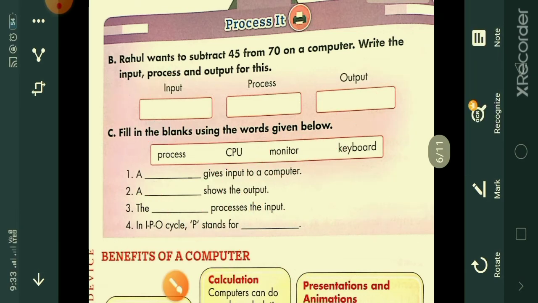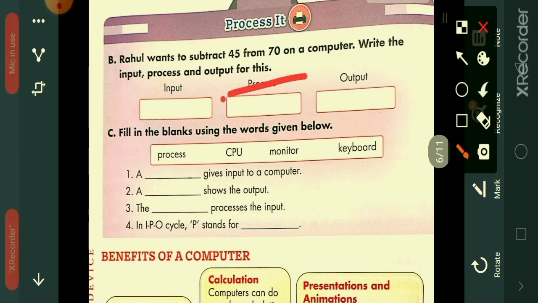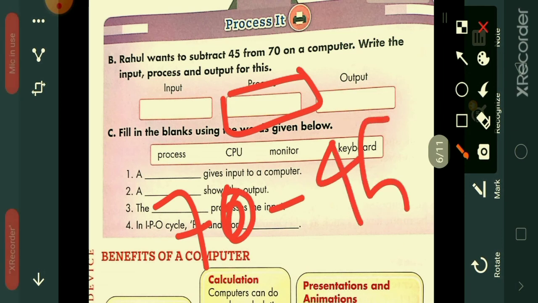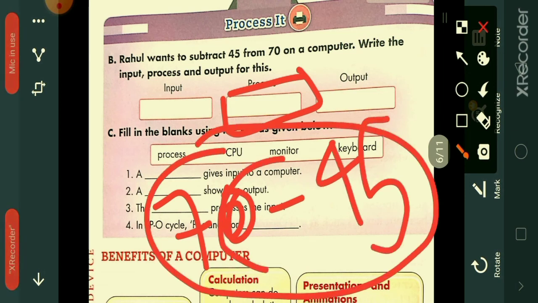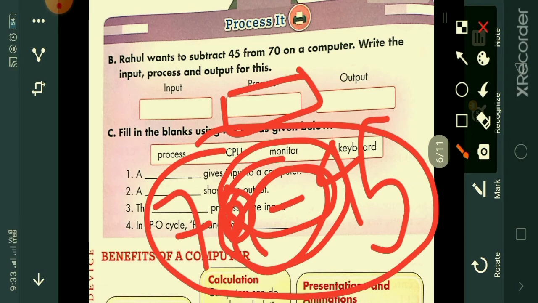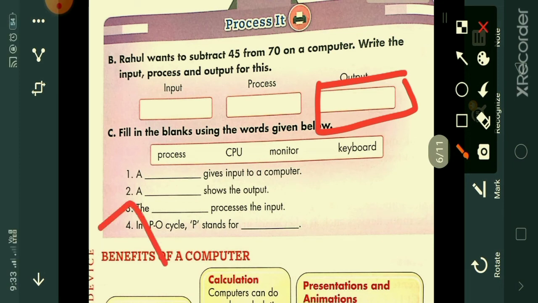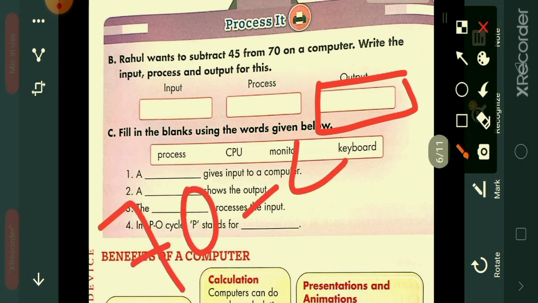Next, inside the process, it processes 70 minus 45. This processing task is done inside the CPU. Then finally the output, the result which you get, you need to write here.